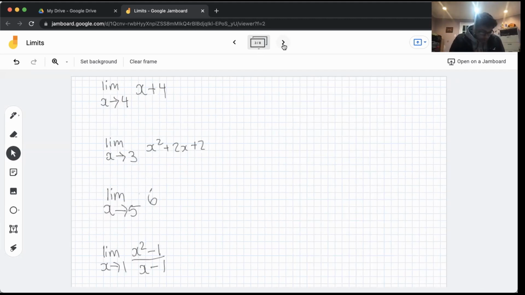Our first question, we have the limit as x approaches 4 of the function x plus 4. As I stated in the previous slide, all you pretty much have to do is plug in this value for x, which is 4, plus 4, which is 8. We can also see this in the graph. Let me just graph this function real quick.